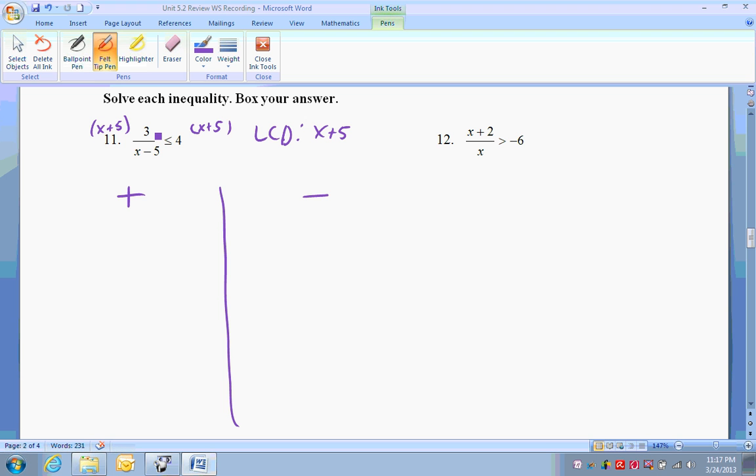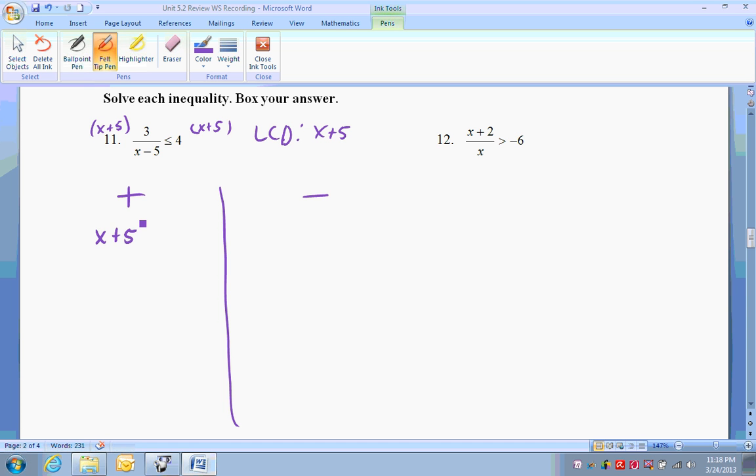Now, you have to be careful when you're multiplying and dividing both sides of an inequality, because if you're multiplying or dividing by a negative number, then the sign changes. So that's why we need to set up these 2 columns, because we are going to look at the case in when you're multiplying by a positive LCD and multiplying by a negative LCD, since we are not sure if x plus 5 is positive or negative. So we're going to look at both cases.